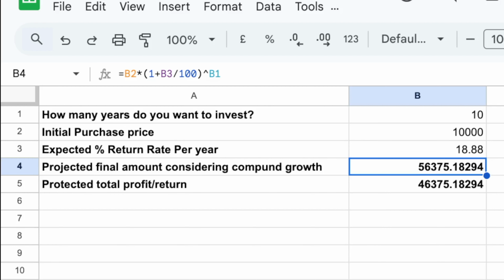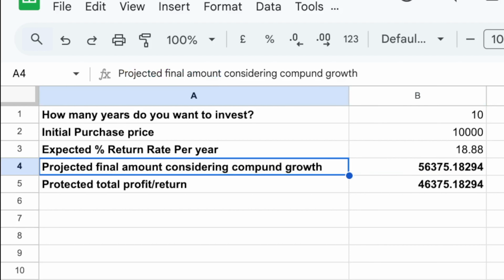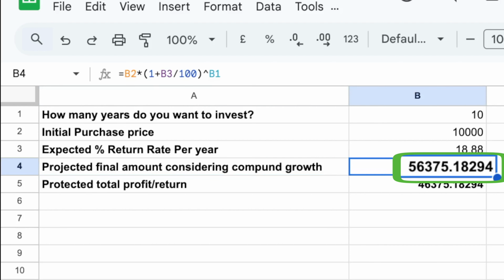18.88%. What I have calculated is the projected final amount, considering that there will be compound growth. Compound growth is practically whatever return is out there at the end of the year, that return is reinvested. And that is the case for most mutual funds and ETFs. So the projected final amount, considering the compound growth, will be around $56,000.